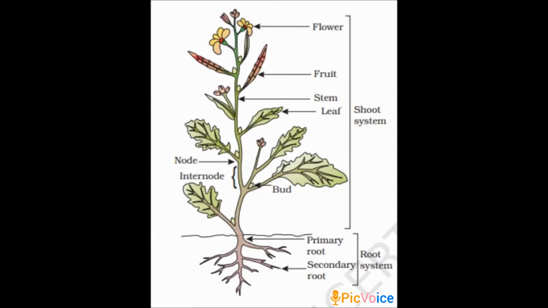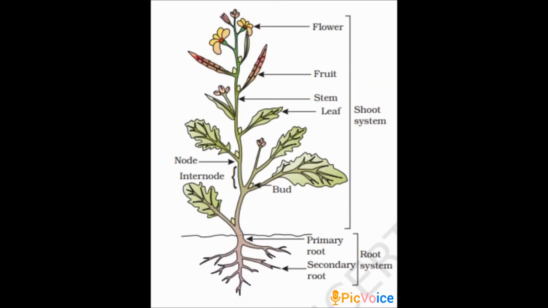Node is the place from where the leaf starts to grow. That part is called node. The shoot system covers flower, fruit, stem, leaf, bud, node, then internode also. These are the parts the shoot system will cover. But the root system covers primary root, secondary root.